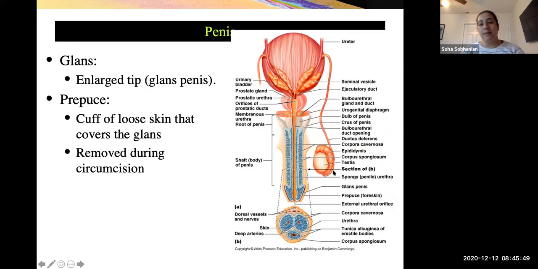Now, when you look at the tip of the penis, you have that enlarged structure called the glans penis. When a male is born, we have a structure called the prepuce, the foreskin that covers the glans penis. And in the process of circumcision, they remove that piece of skin, the prepuce, from the glans penis.